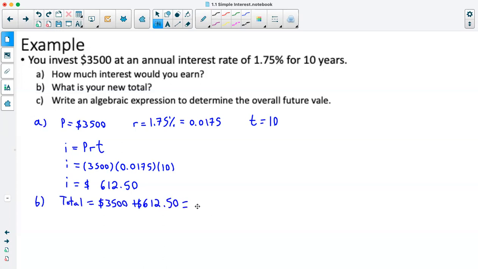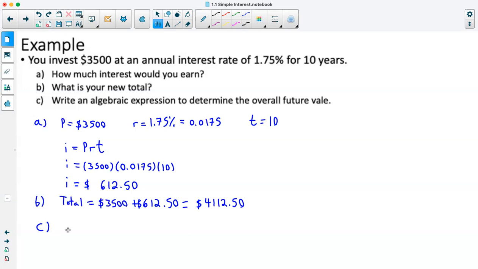So that's going to give us a current amount of $4,112.50.